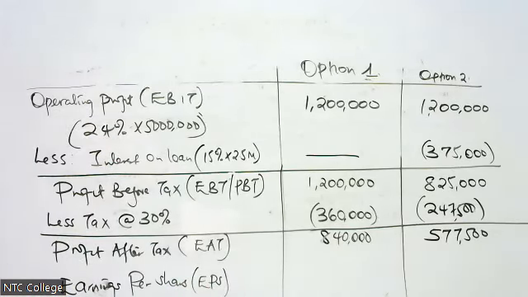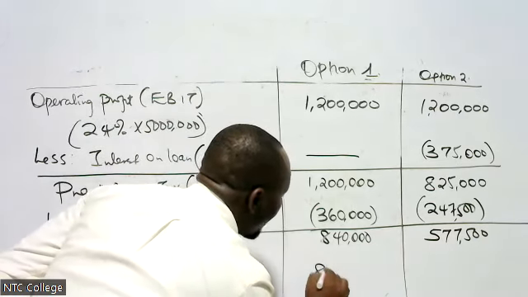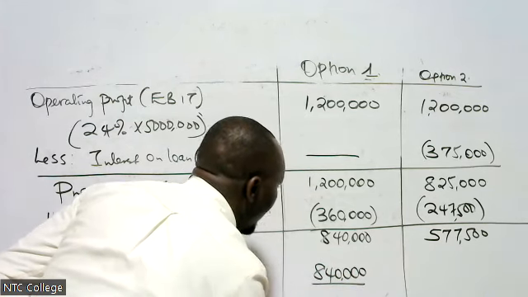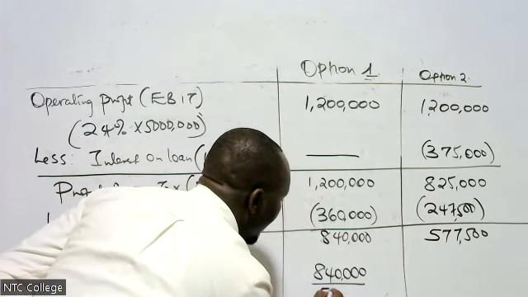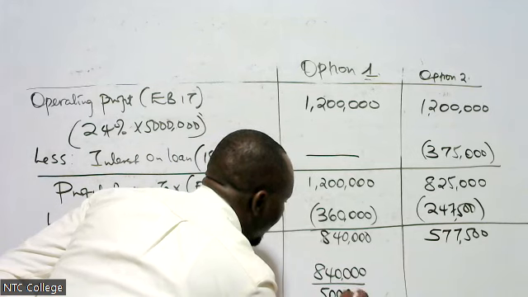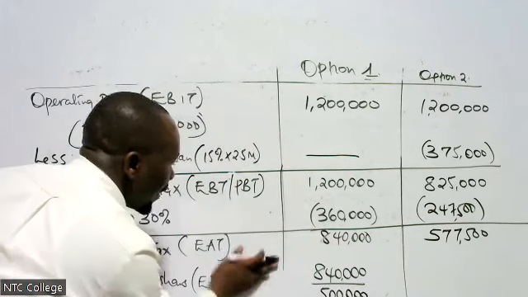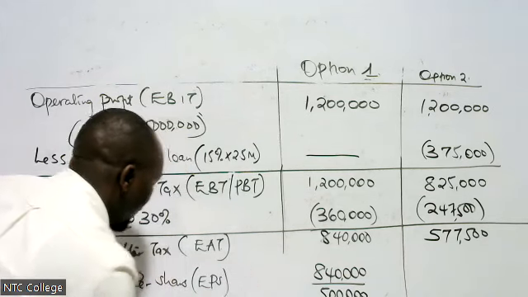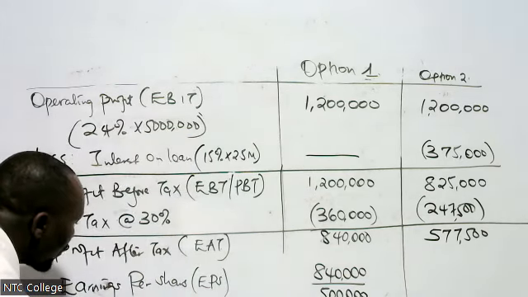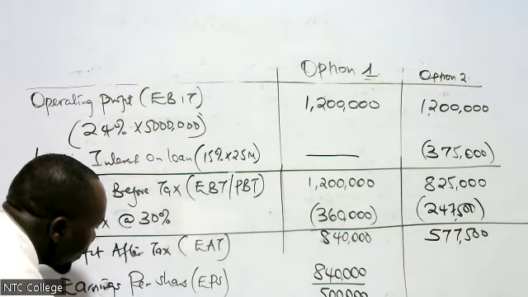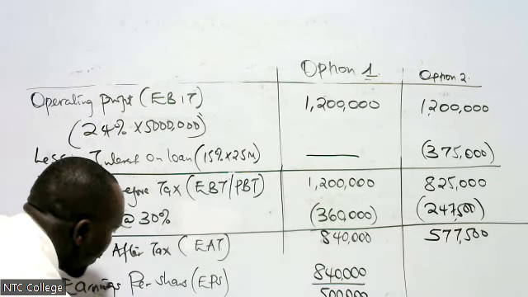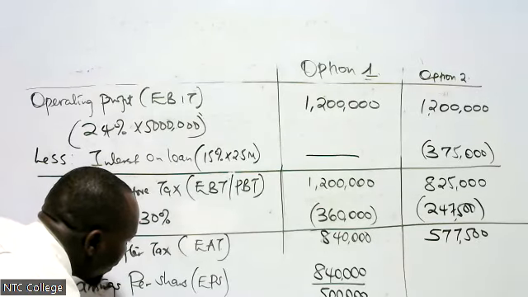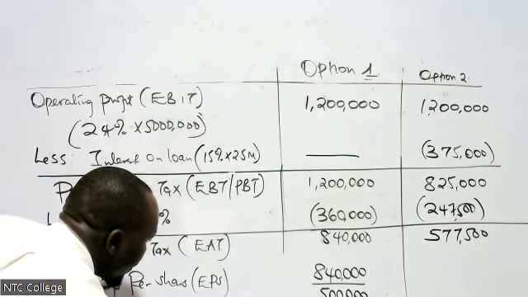That is what the investor is interested in. So EPS is total earnings all over total shares. So we can say EPS is equal to total earnings all over total number of shares.